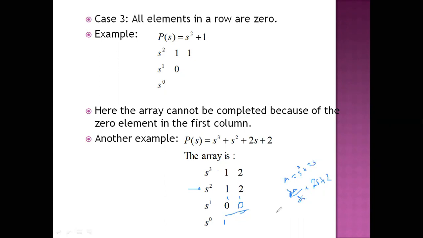Normally in this case, you can find out the roots lying on the imaginary axis. So you take the auxiliary equation equal to 0, and we'll get s square plus 2s equal to 0.